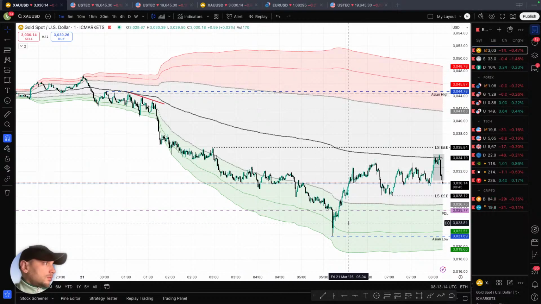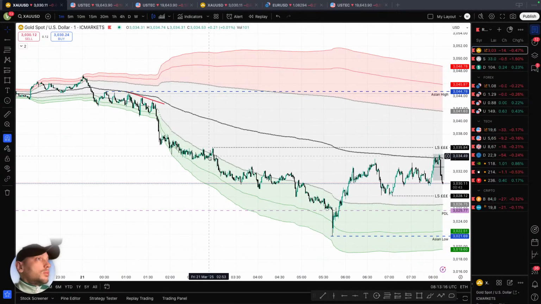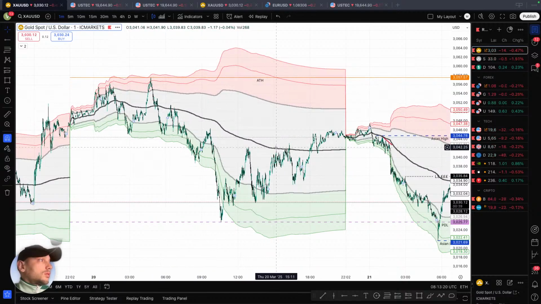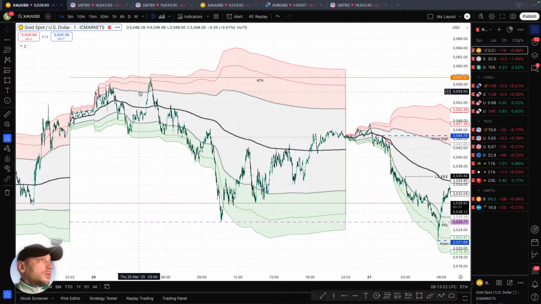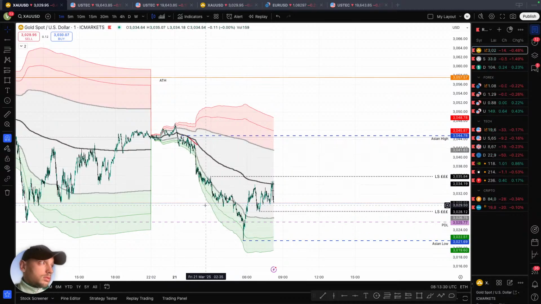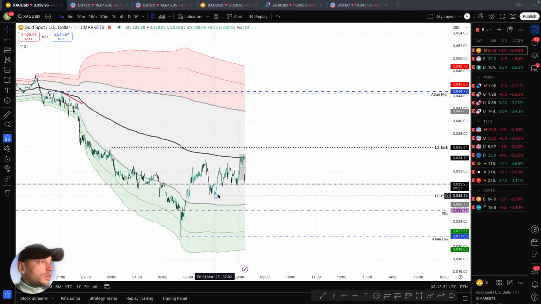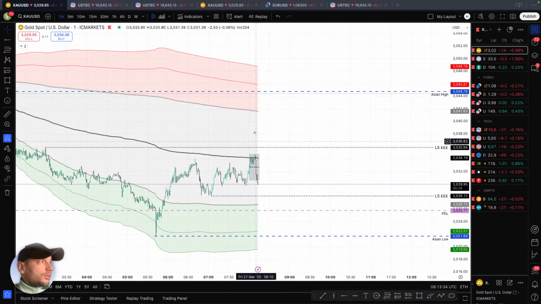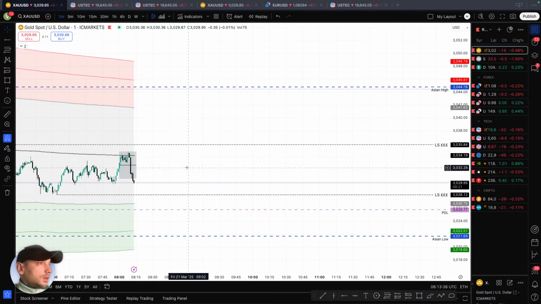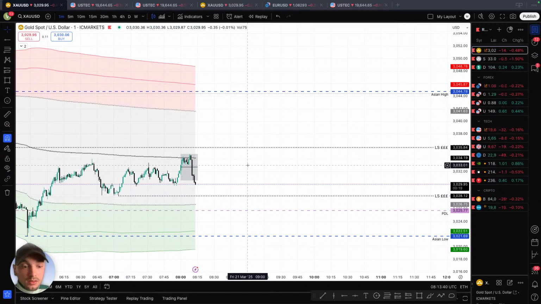We've been moving down the whole morning since the Asia open. Yesterday was kind of a choppy day. We made an all-time high, but then went down, again up, and today's open was actually looking good for longs with good targets. We've been played out.